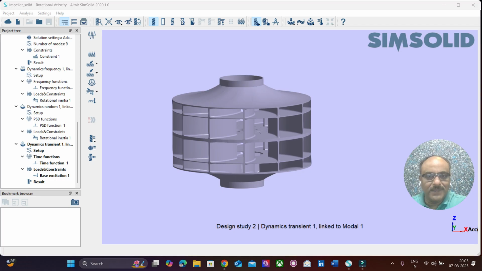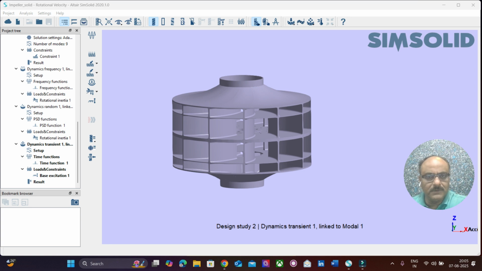Today we are going to see a very interesting simulation connected with the same induced draft and radial impeller. The previous simulations we had performed were random responses.